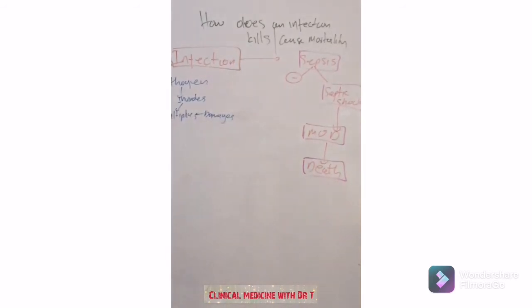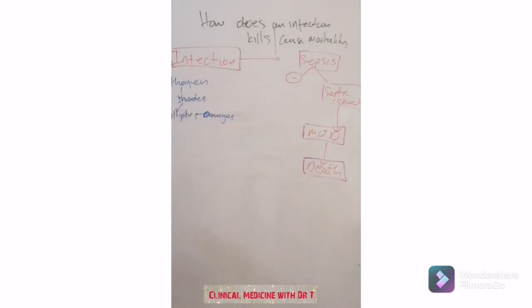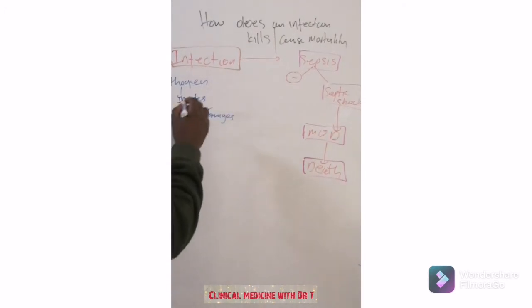There are different ways in which pathogens damage tissues. One of them is they take the nutrients that the cells are supposed to be getting, and then they use them, the glucose, they use the oxygen, and on top of that they excrete some substances which we're going to talk about.